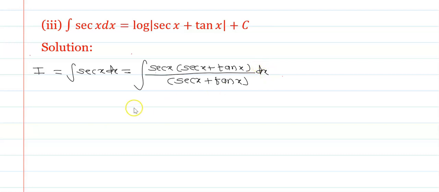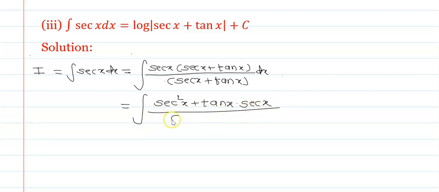Now after multiplication, sec x into sec x gives sec square x, plus sec x into tan x, tan x into sec x, and this divided by sec x plus tan x.